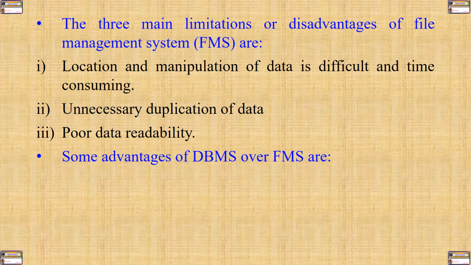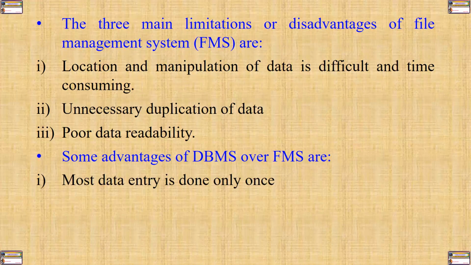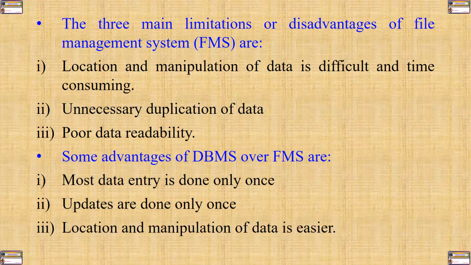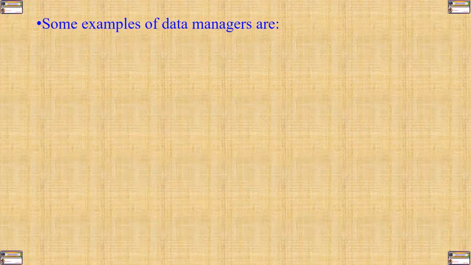Some advantages of DBMS over FMS are, number one, most data entry is done only once. Number two, updates are done only once. Number three, location and manipulation of data is easier. Some examples of data managers are DBMS.